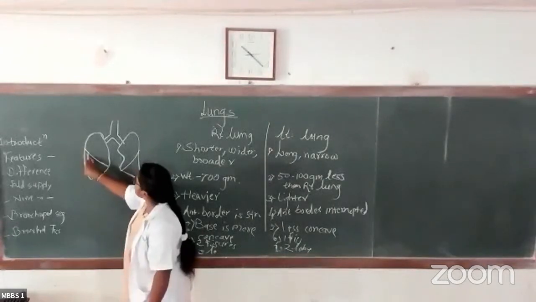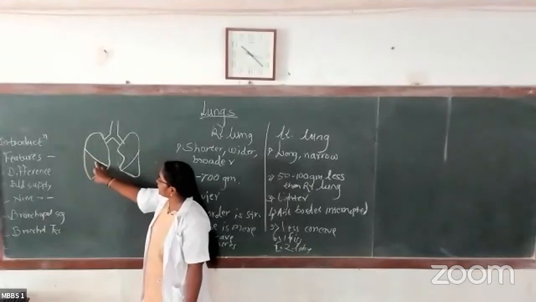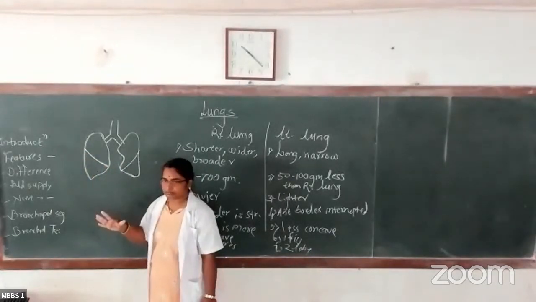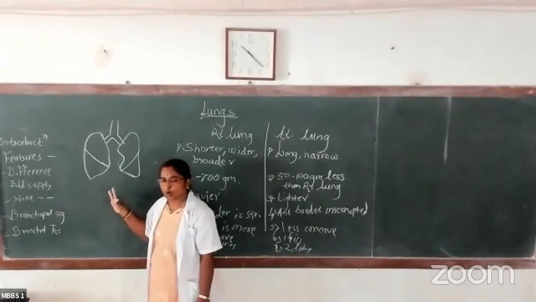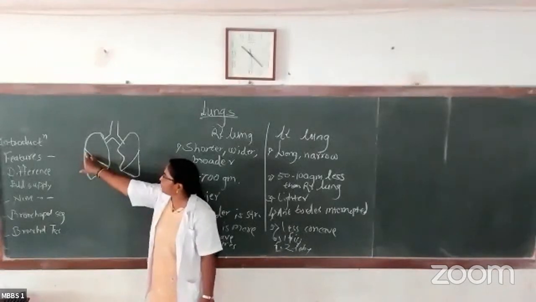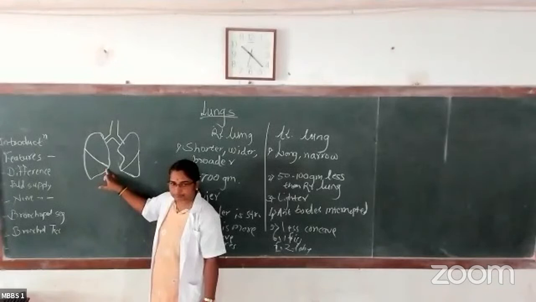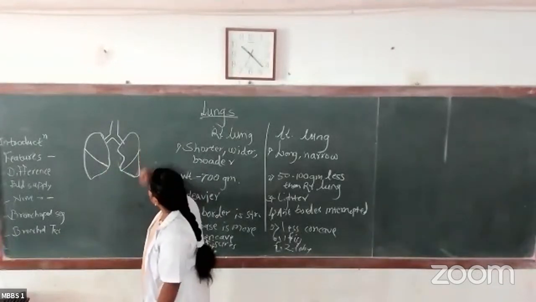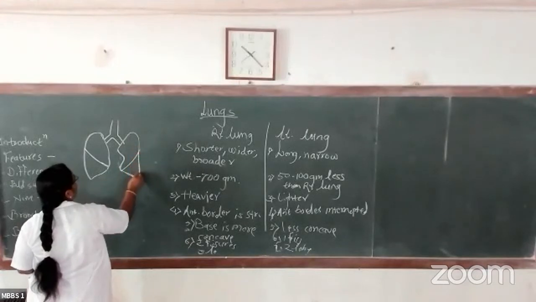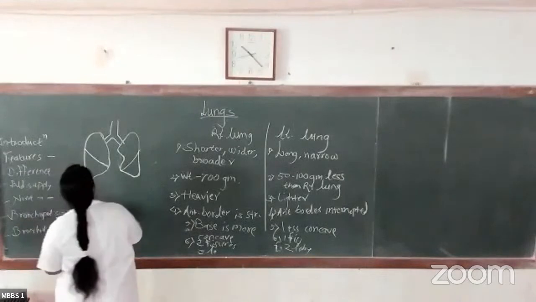Now this oblique fissure cuts the lung in its whole length except at the hilum. It runs obliquely downwards and forwards. And same here, it cuts the whole lung except at the hilum.